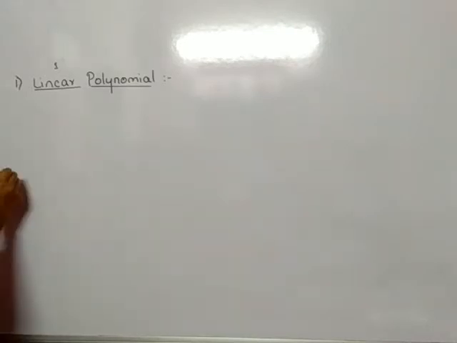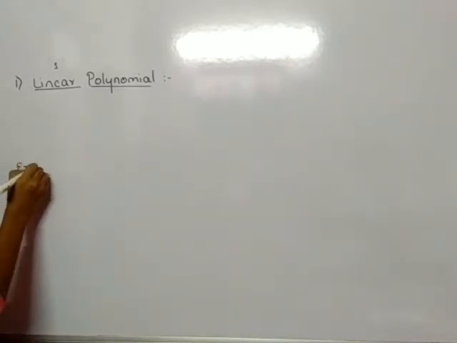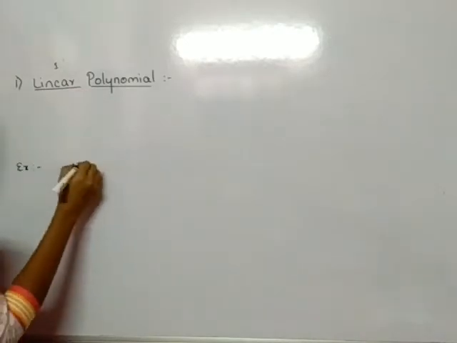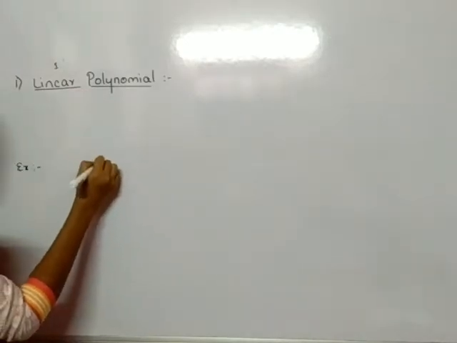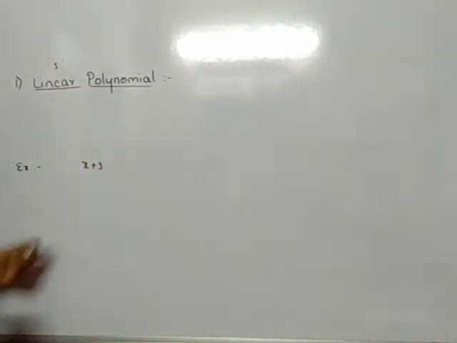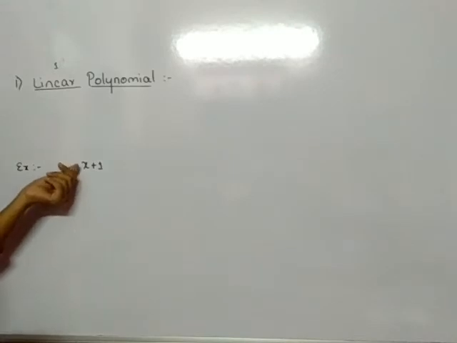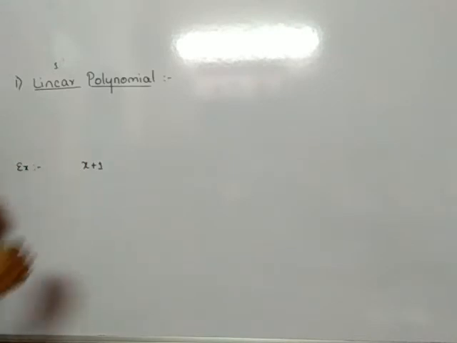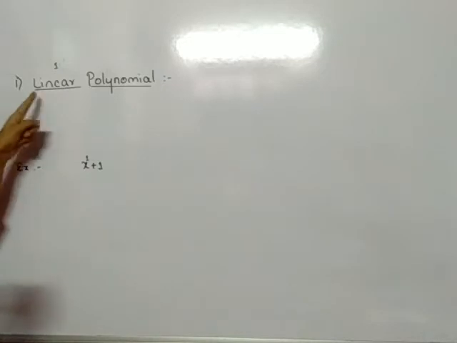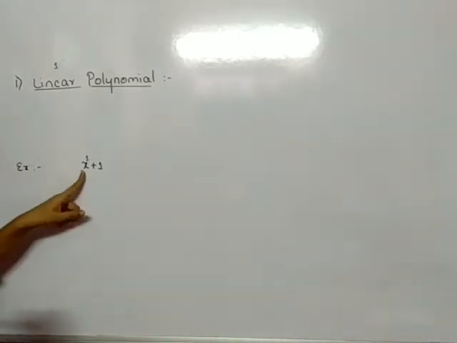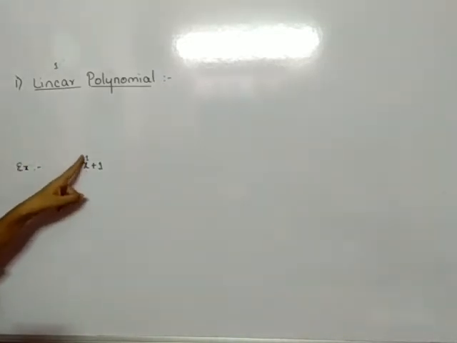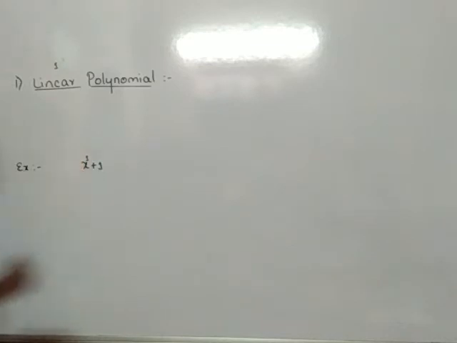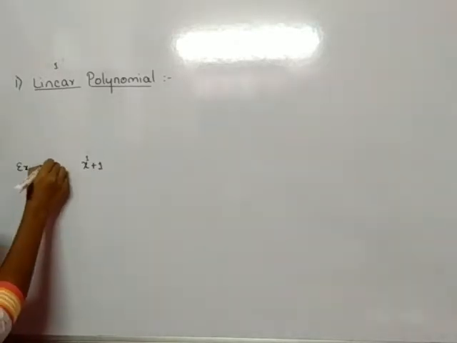With the help of examples we will learn it. Here I am going to consider one polynomial which is x plus 1. Right? You can see the degree of the variable is 1, isn't it? Linear means 1. The variable has degree 1. Such types of polynomials are called linear polynomials. So how to denote the polynomial?